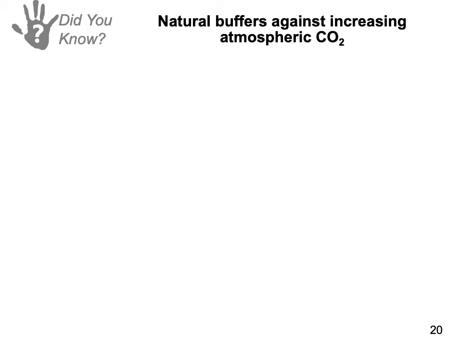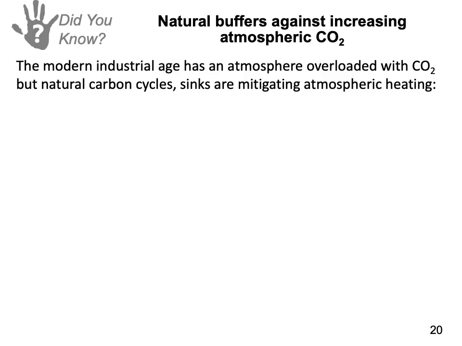And what was interesting to bring in is that there are natural buffers against increasing atmospheric CO2. The modern industrial age has an atmosphere overloaded with CO2, but natural carbon cycles and sinks are working to mitigate atmospheric heating. But we're getting to the end of these, and this is where the crisis of climate change comes in.